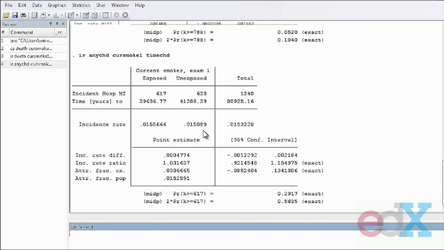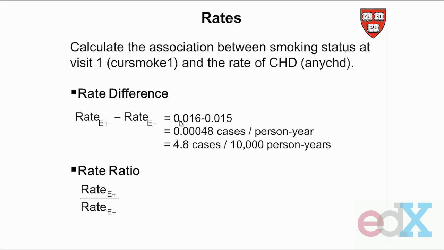And we can use these two estimates to come up with an incidence rate difference and an incidence rate ratio. Our incidence rate difference would be the 0.016 minus 0.015, resulting in a rate difference of 0.00048 cases per person-year, which is equivalent to saying 4.8 cases per 10,000 person-years.